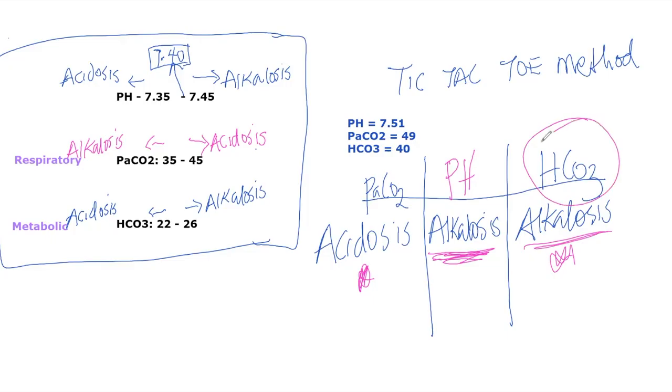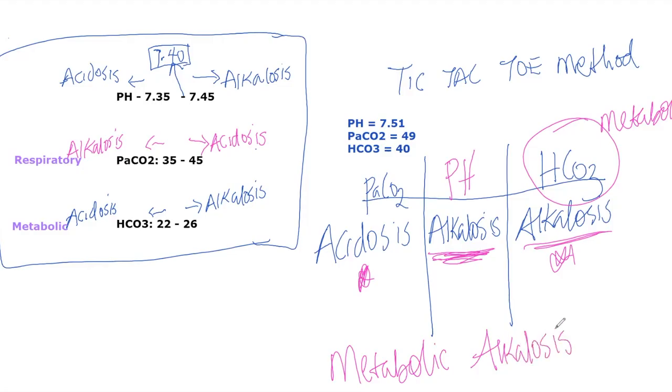Remember, your HCO3 represents your metabolic, which is your kidney. So it is my metabolic, my bicarbonate, that is matching my pH. So this tells me that this is a metabolic alkalosis situation. That is basically how you solve this.